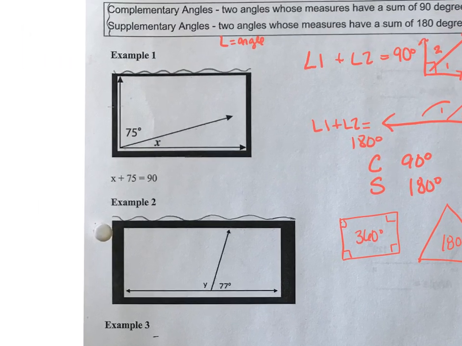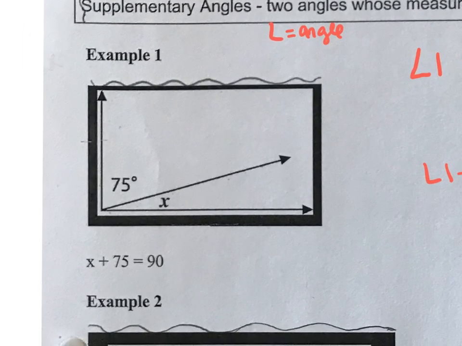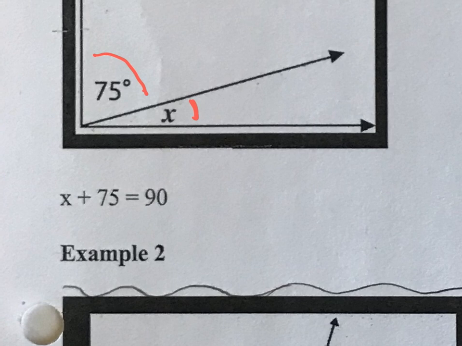Okay, so coming back over here to example 1. Example 1 is dealing with complementary angles. It says two angles that add up to this. So they gave us the equation x plus 75 is 90. This is representing our x, this is representing our 75, and together they add up to 90. So could I solve for x?